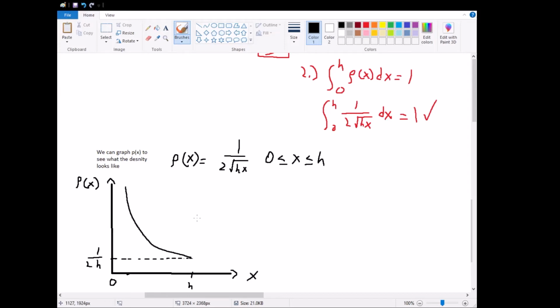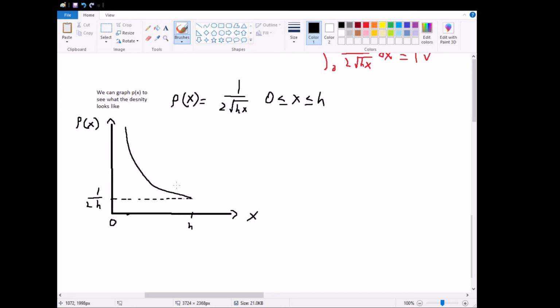One thing I would like to note here is, once again, the properties of continuous distributions. Note that this probability density goes up to infinity as we go to 0. That does not mean that there's an infinite probability of finding our rock at 0.